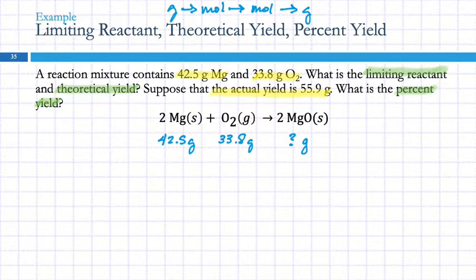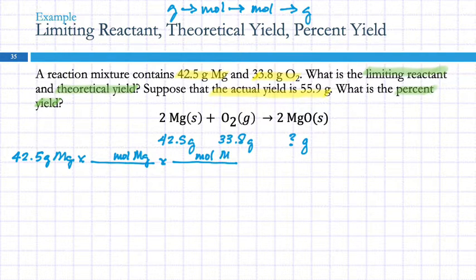So I'll do the first one, 42.5 grams of magnesium, and we're going to moles of magnesium, and then moles of what? MgO, yeah. Sometimes you're like, oh wait, should I go to oxygen?